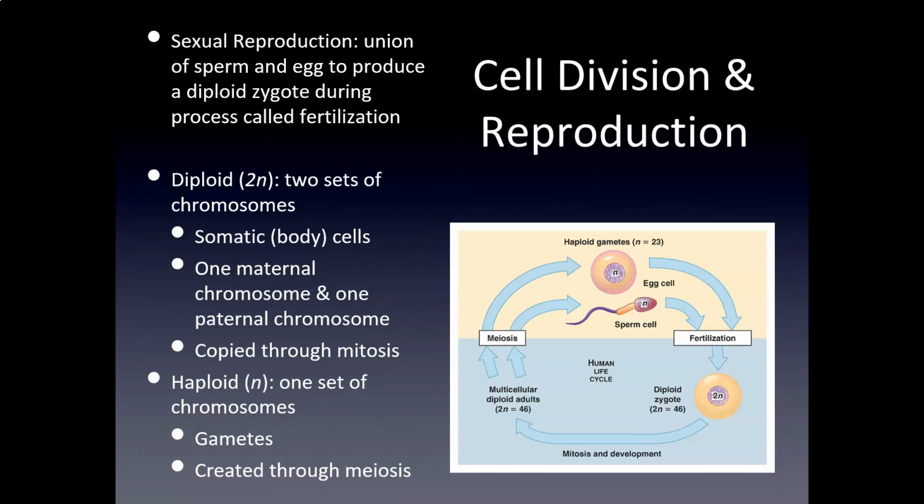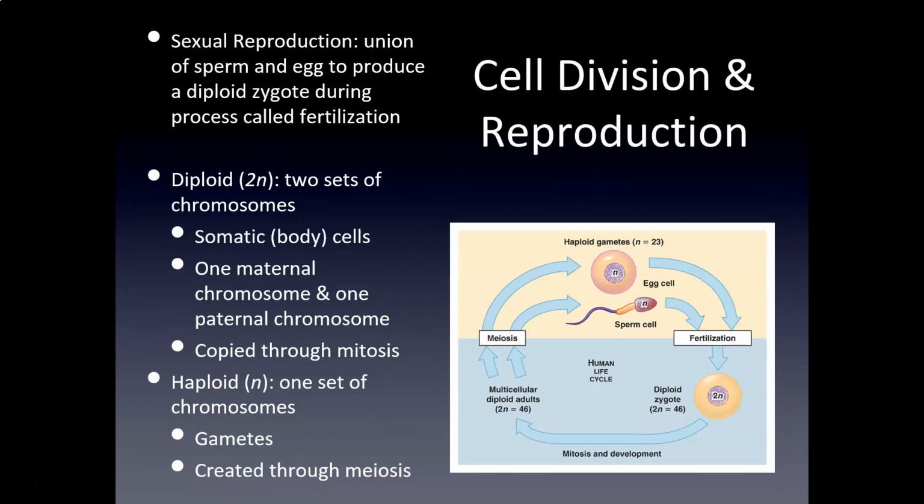So meiosis becomes a big deal in sexually reproducing organisms, because I'm going to bring together that egg and that sperm and produce a zygote, which is basically just a fertilized egg. That zygote then goes through rounds of mitosis to ultimately produce an embryo, a fetus, a baby, and then you continue to go through mitosis as you become a functional adult.